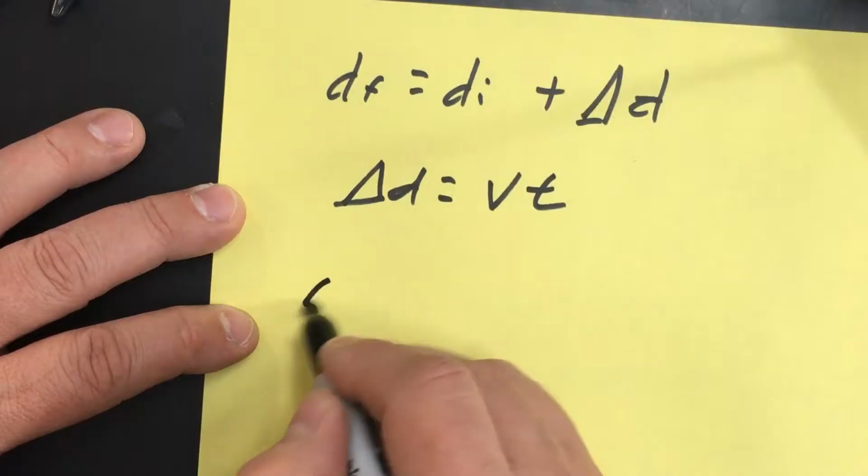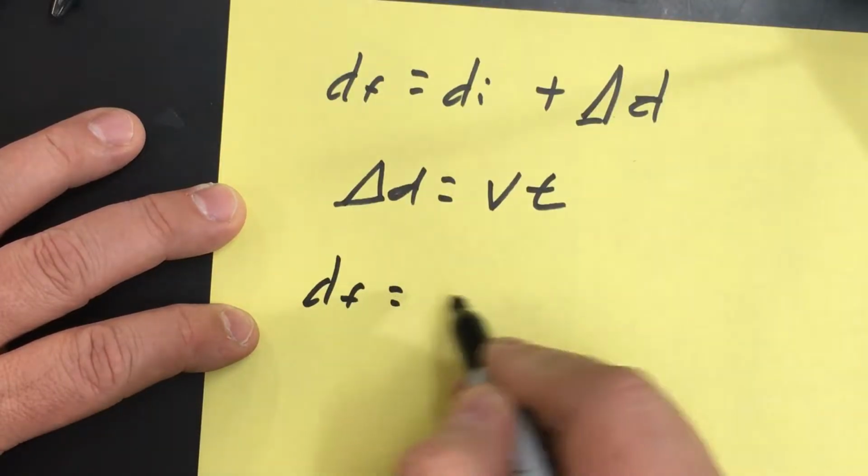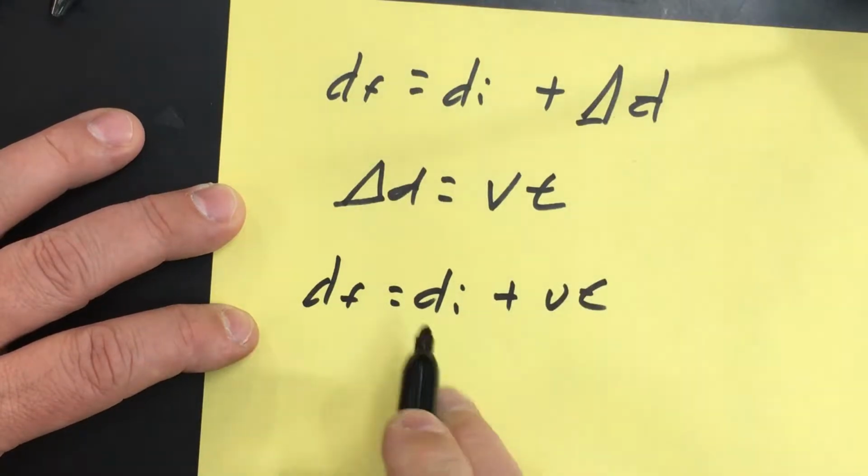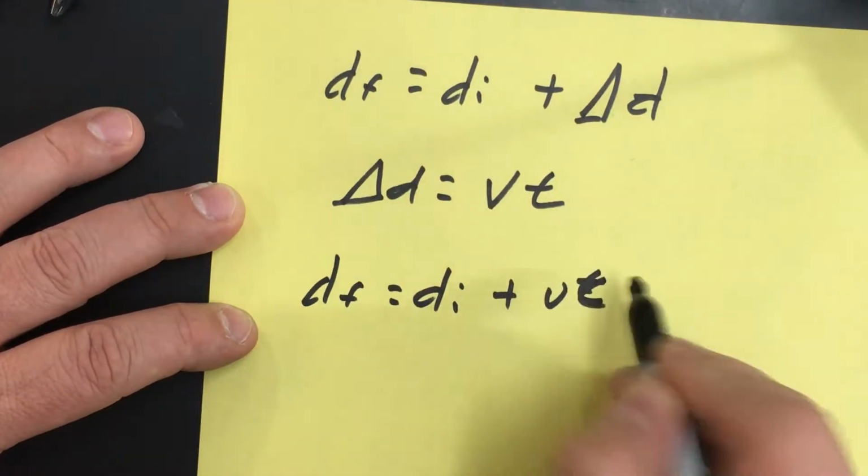So the change in position is Vt. So we can plug this into our original equation. The final distance an object has is where it was to start with, and how fast it moved, and how long it moved.